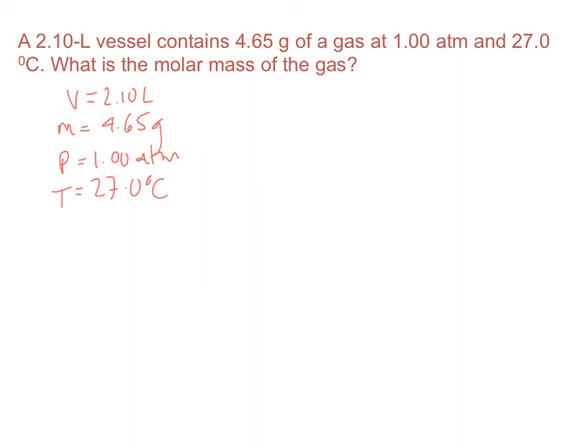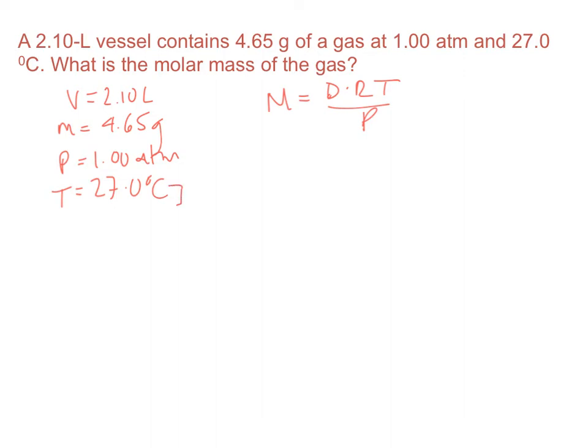We've been asked to solve for the molar mass of a gas, and we've been given pressure, temperature, and volume measurements, so we know we're going to be using the molar mass equals density times RT over P equation. The values we can directly plug in are pressure and temperature as well, except we need to convert temperature into Kelvin.